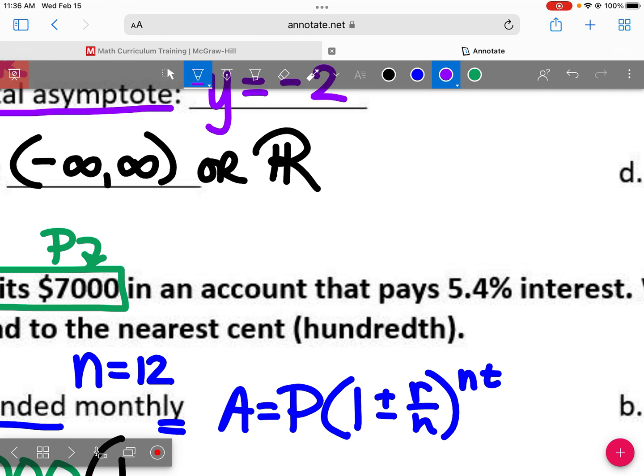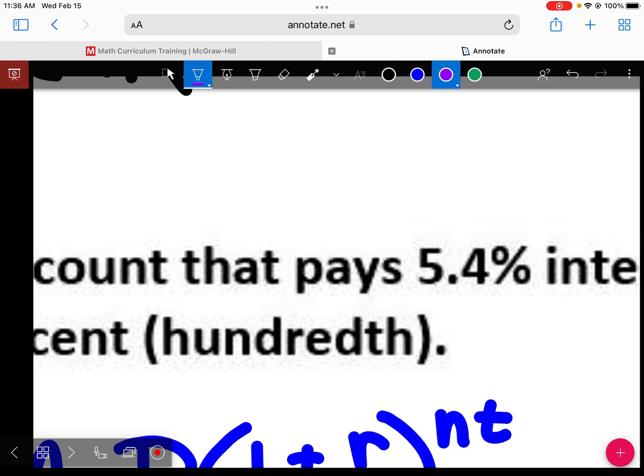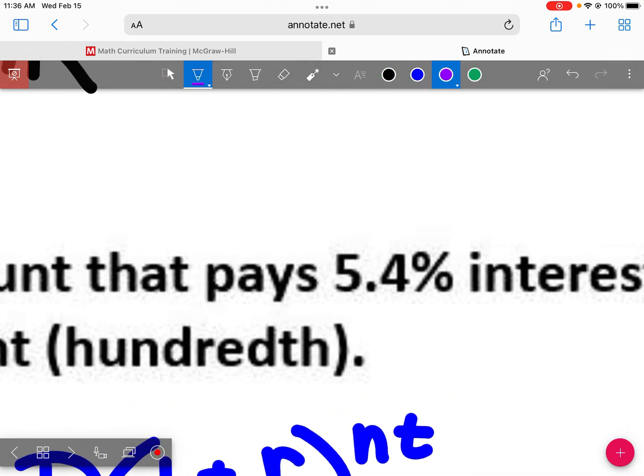There's a key word that I'm seeing so that I know it's going up in value and not down in value. Interest, what's the interest doing? Go right before the word interest. Pays. Abby deposits in an account that pays. It's the account that's doing the paying. It's putting money into Abby's account.